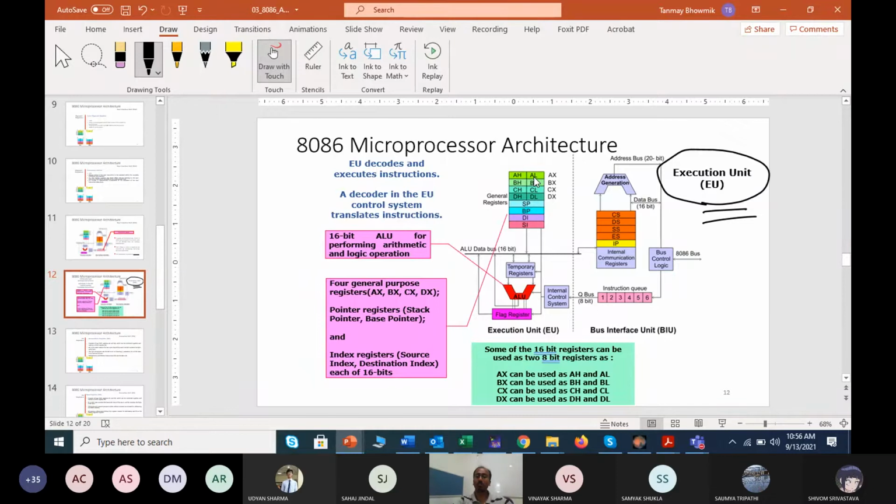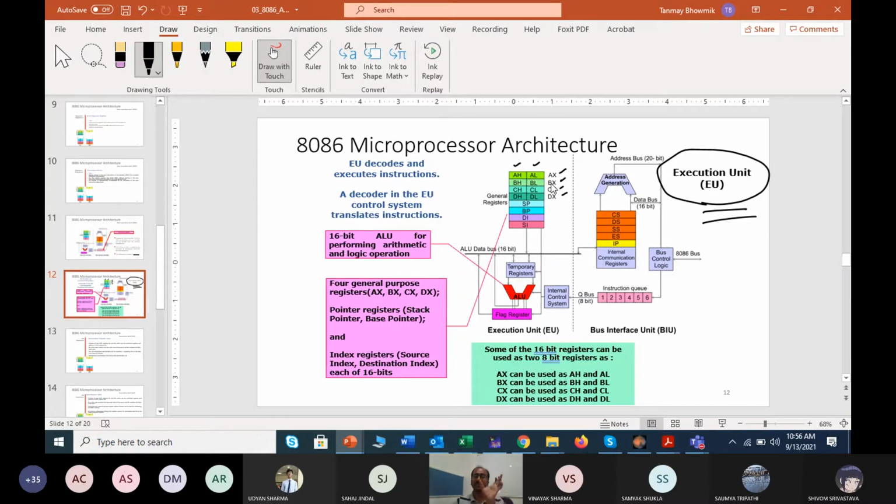Just before going into that, take a look at this diagram: every general purpose register like AX, BX, CX, and DX has been divided into two parts, AH, AL, BH, BL, CH, CL, DH, DL. H is for higher, L for lower.